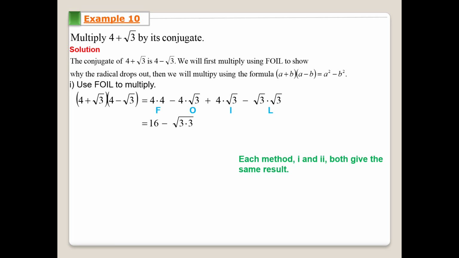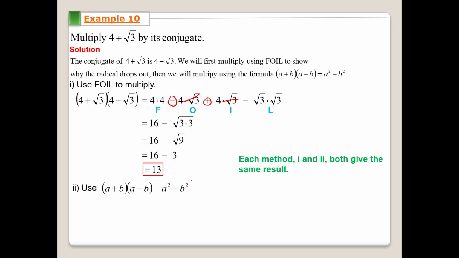And it should give you, again, 16, and then minus square root of 3 times square root of 3, because since we have a negative here and a positive here, these guys go away, and that's what we're left with, which gives us 16 minus square root of 9. Square root of 9 is simply 3. 16 minus 3 is 13.